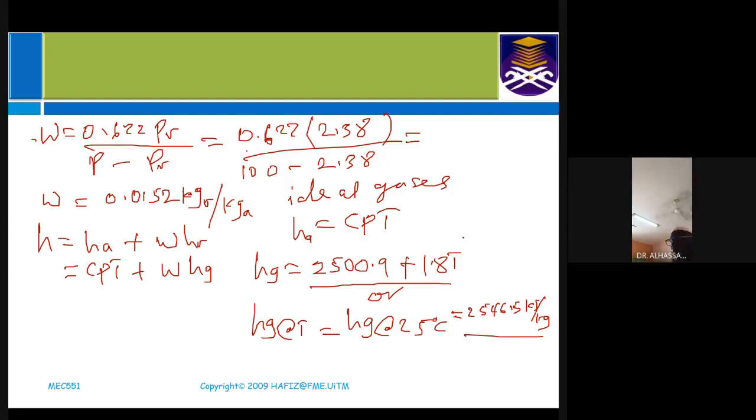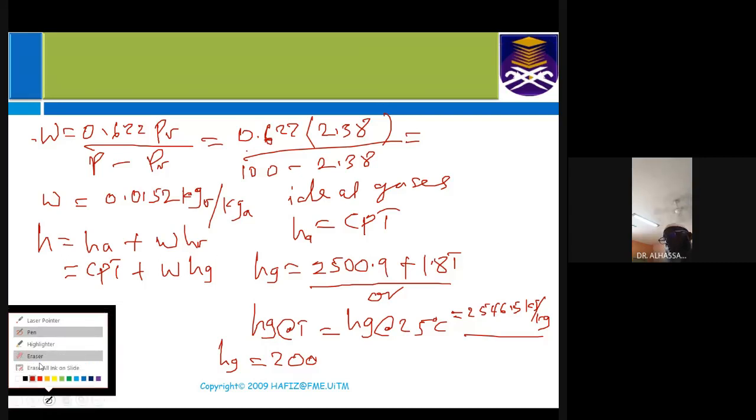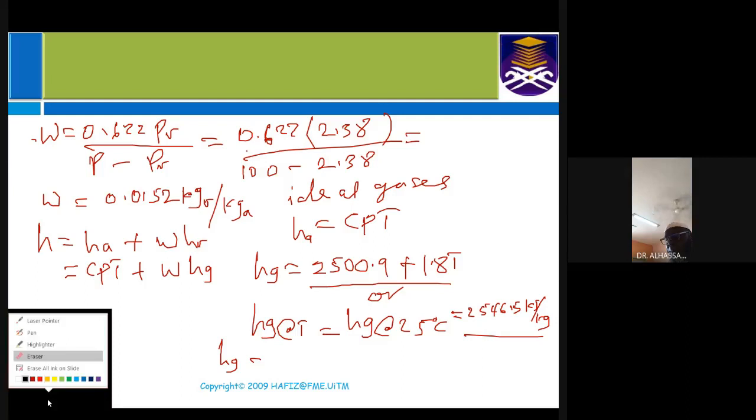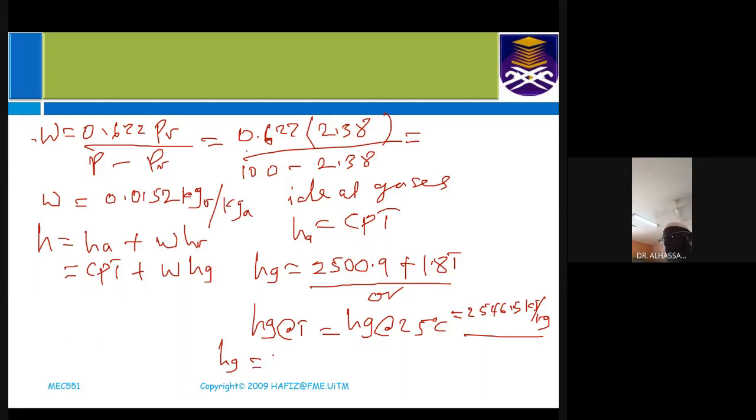And if you calculate, you substitute Hg equals 2500.9 plus 1.8 times the temperature.